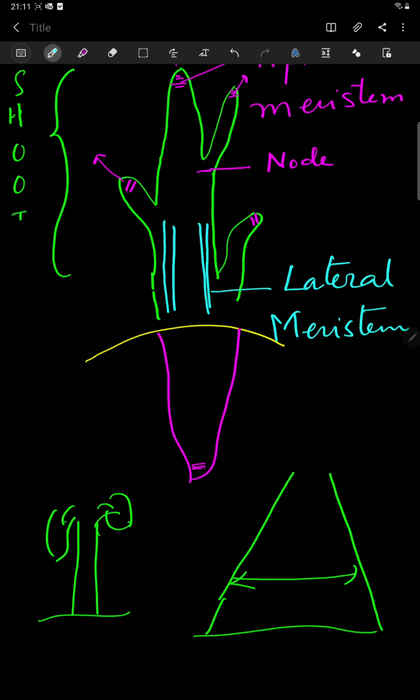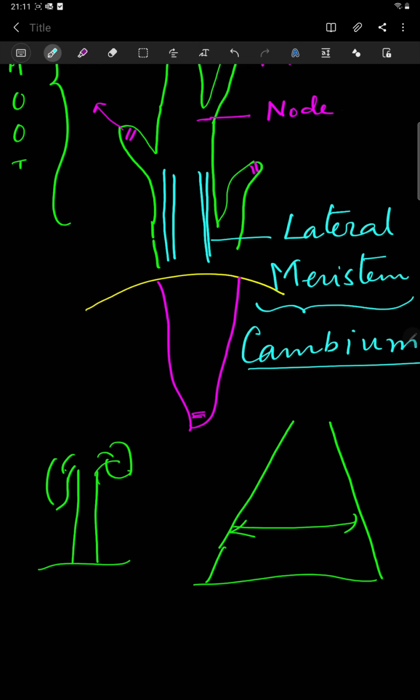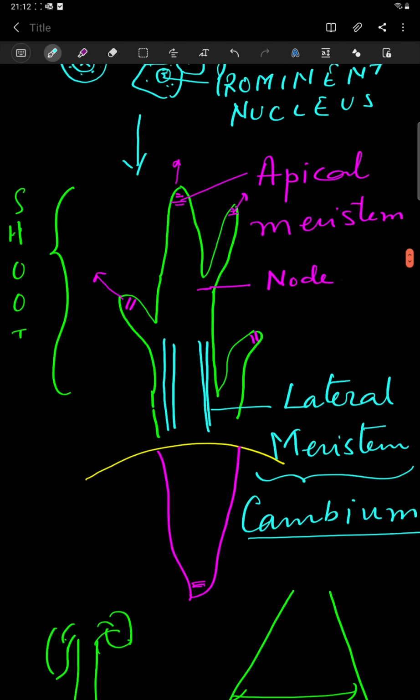Cells are ready to divide. Again, prominent nucleus, dense cytoplasm, no vacuole. And the example of this lateral meristem, which is very important for your exam, is cambium. Written in the book, that is cambium. So this is what about the meristematic tissue. The characters are: thin-walled, cell wall is very thin, cytoplasm is dense, nucleus very prominent, no intercellular gap.